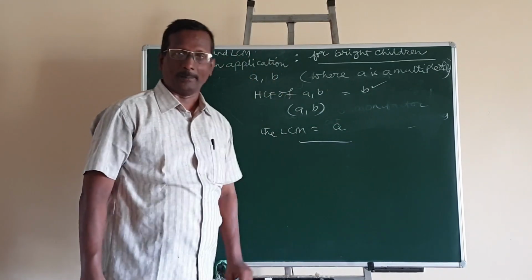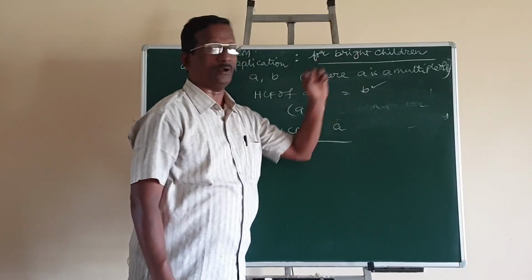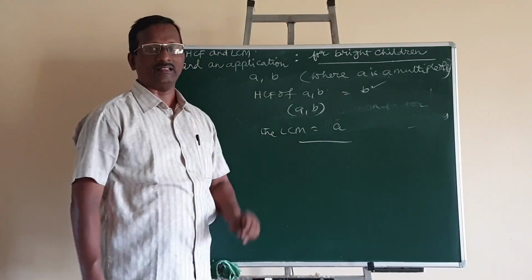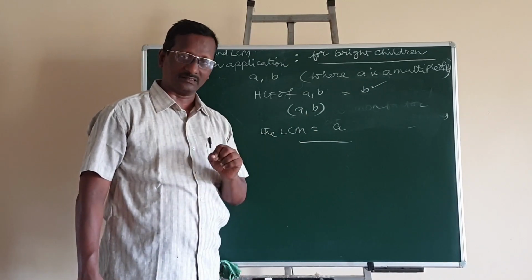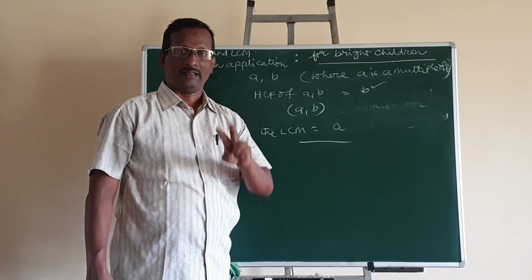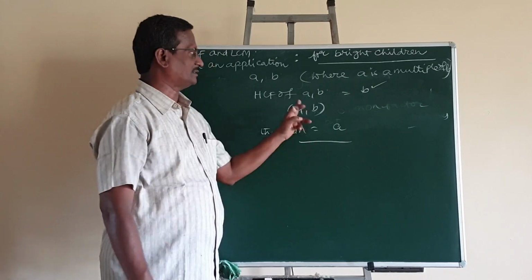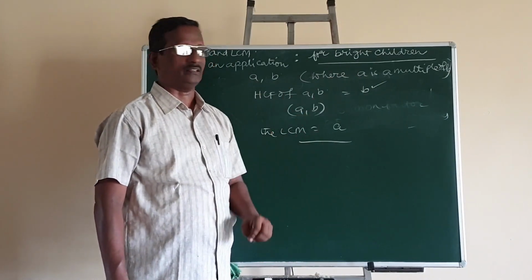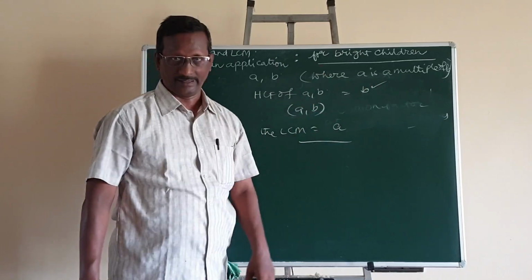For the two numbers A, B, if A is a multiple of B, then B is the HCF and A is the LCM. In the first case, if HCF is equal to 1, LCM is equal to the product. In the second case, if A is a multiple of B, then A is the LCM and B is the HCF.